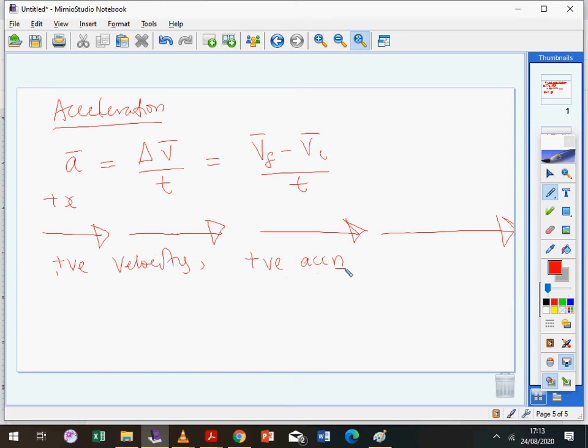Another one is they're still going that way, but this time the arrows are getting smaller and smaller. Since the arrows are going in the positive direction, this object still has a positive velocity. But these arrows are getting smaller, which means the car is slowing down.